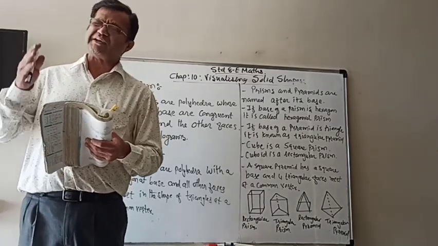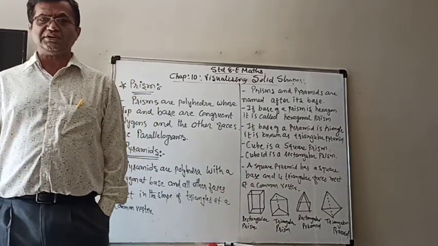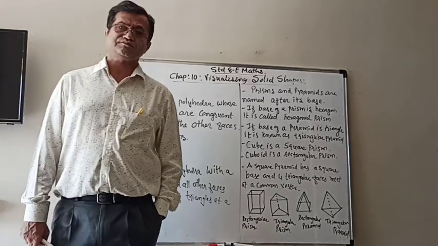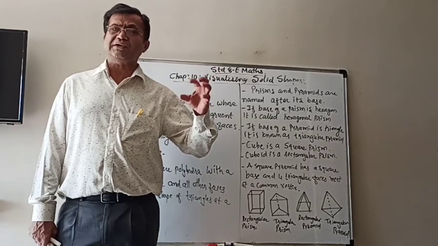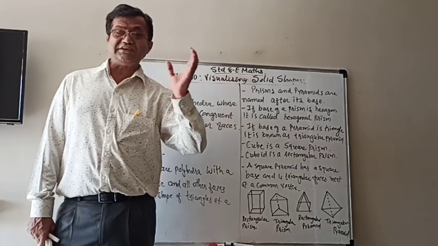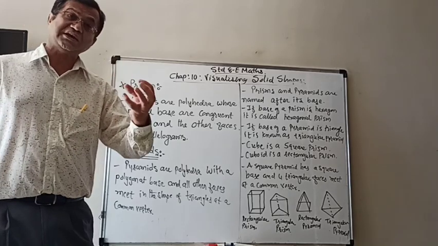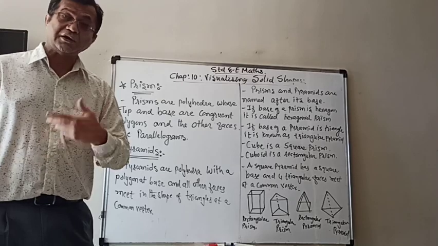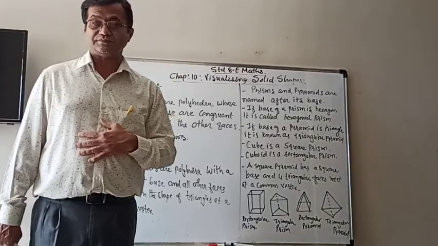There are many other types of polyhedra, but in this chapter we have to learn about only these two. So let us understand what prisms and pyramids are, what the difference between them is, and how to decide whether a solid is a prism, a pyramid, or neither. Let us understand prisms first.